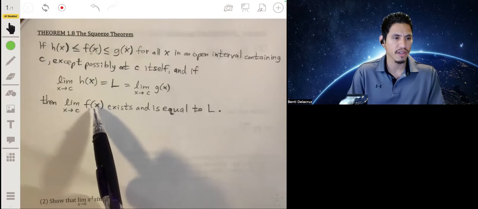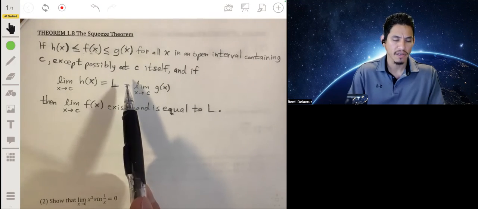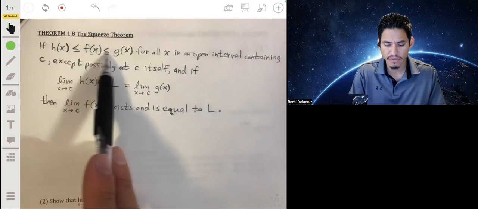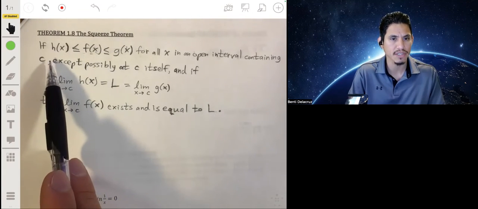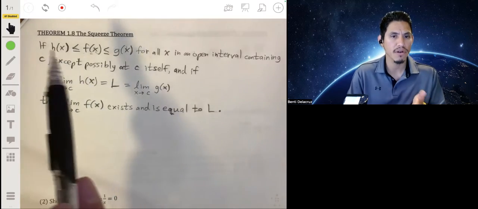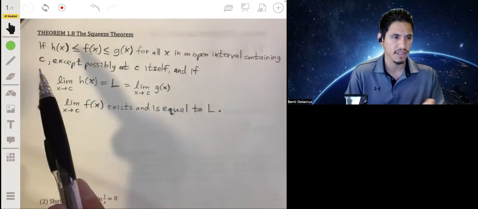And then we can also say that the limit of f of x will be equal to that. So the limit of all three of these will be equal to each other at that point c, even if we don't know what's going on with f of x at c.